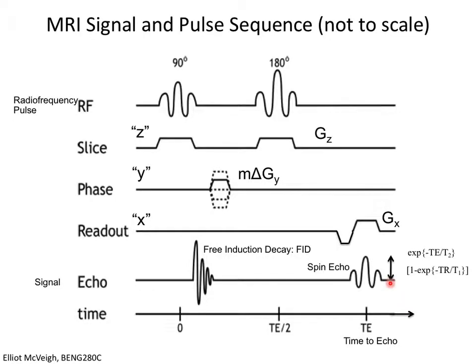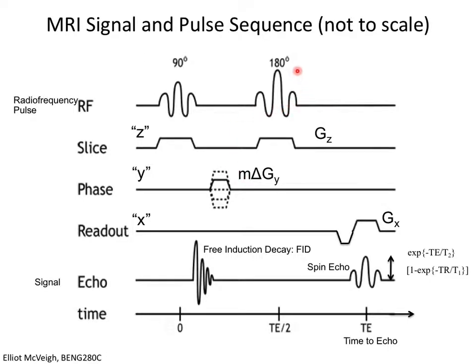So just to review quickly how the images traditionally have been made is with a spin echo pulse sequence. Recall we apply a 90-degree RF pulse to take the magnetization from the Z direction down into the transverse plane. Once that magnetization is in the transverse plane, it will create a signal.